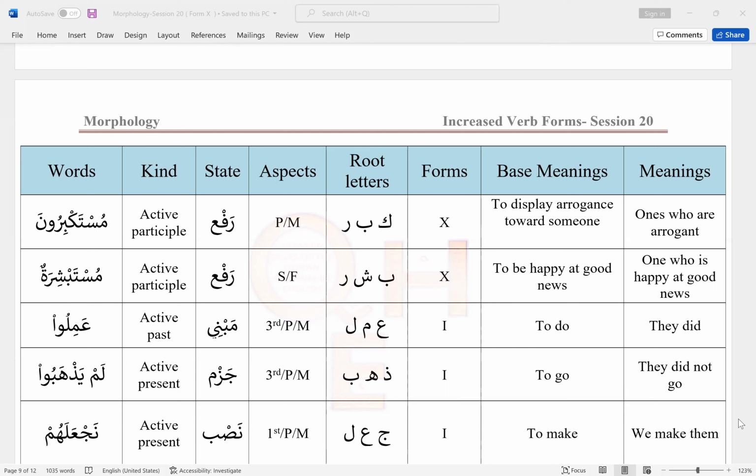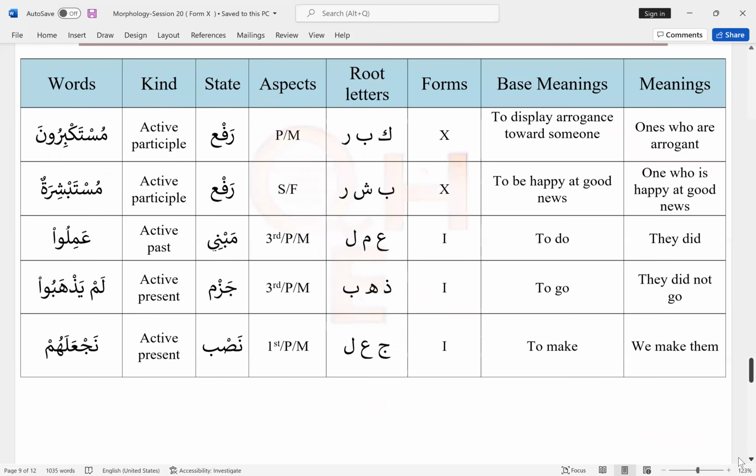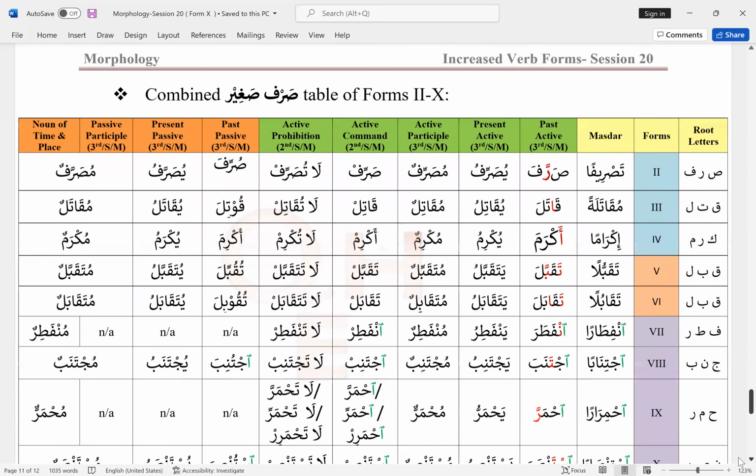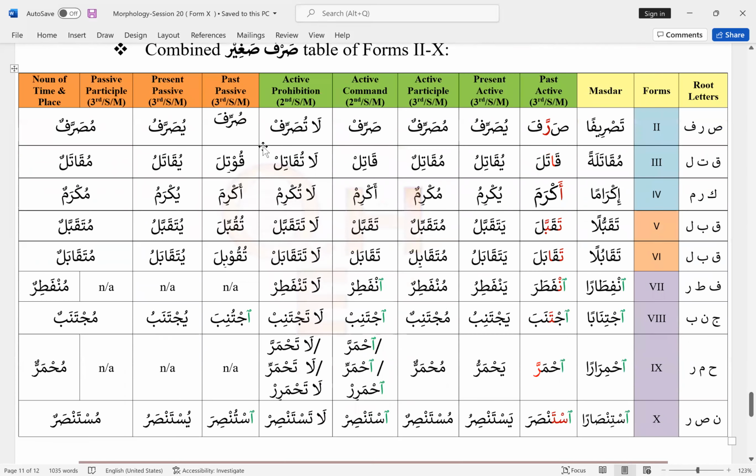Now let's look into the combined sarf sughra table just to see where we are standing. This is a combined table for verb forms 2 through 10. So far we have covered these purple colored ones, the Hamzatul Wasl families.